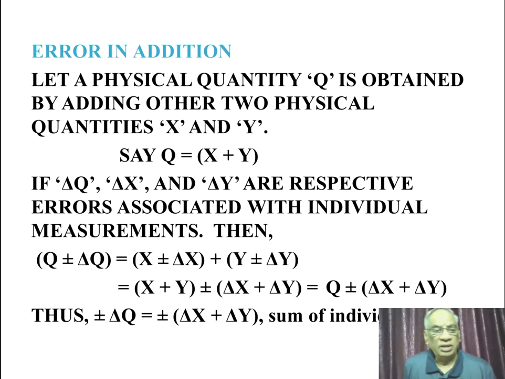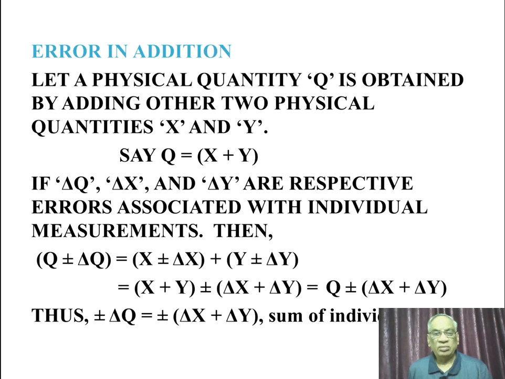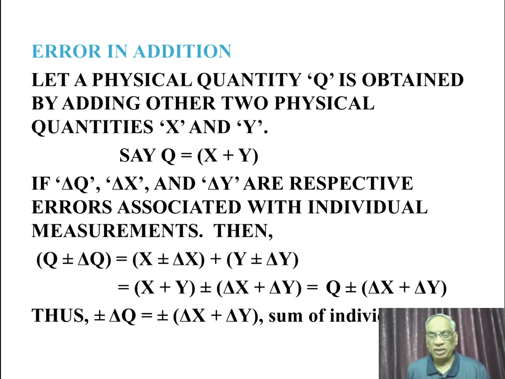So if you take addition, suppose you want to measure a quantity q in terms of two other parameters x and y, which include errors in their respective measurements, that is delta x and delta y, the respective errors in the measurements of the parameters x and y. Then if you see in this slide, q plus or minus delta q.